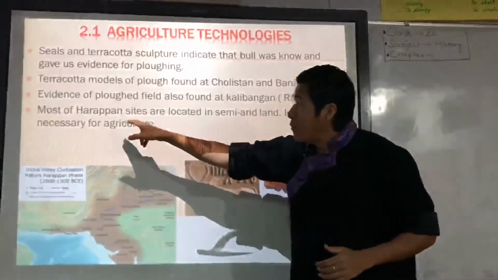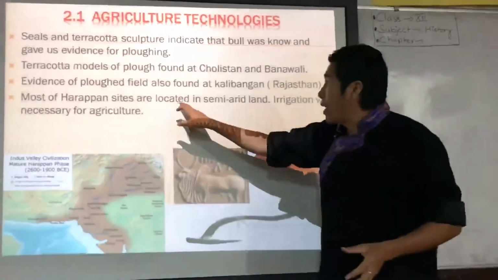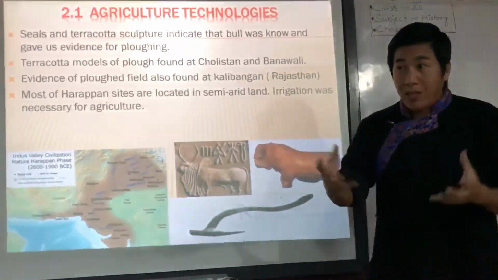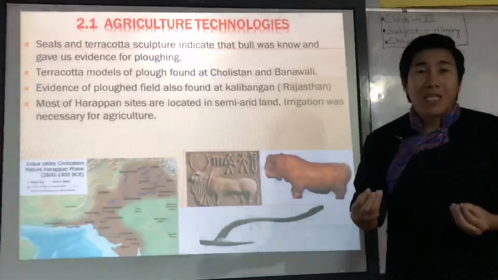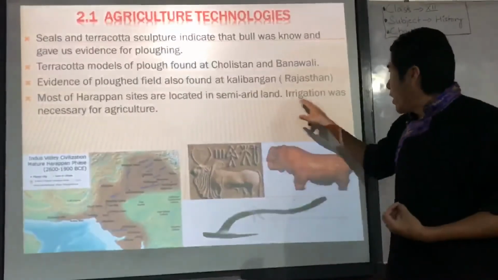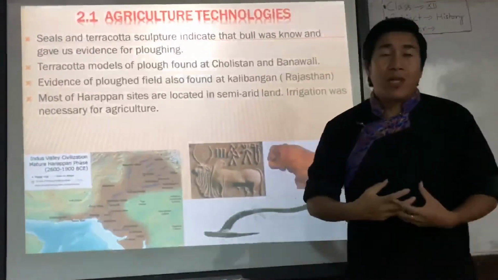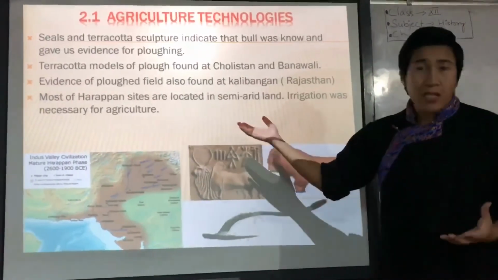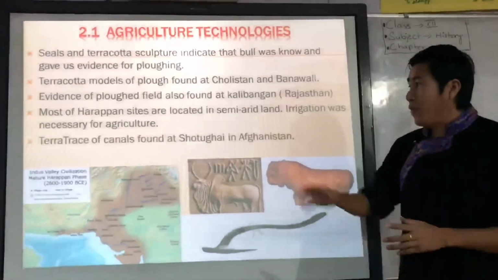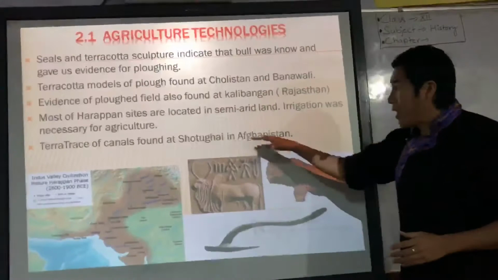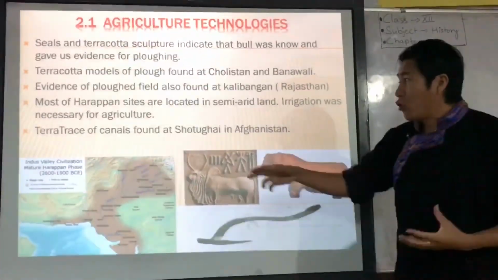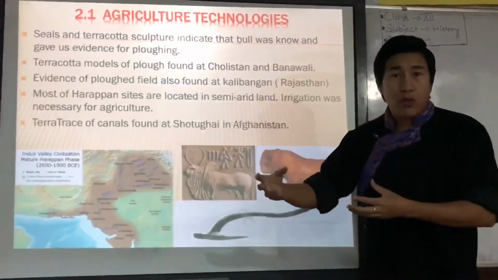That's why most of the Harappan sites were located in semi-arid land, meaning less rainfall areas. In a low rainfall area, what did they need for agriculture? For agriculture, we need water, right? So irrigation was very necessary for the Indus Valley people. The archaeologists found evidence of a canal at Shortughai in Afghanistan. In present-day Afghanistan, there was a Harappan site called Shortughai.